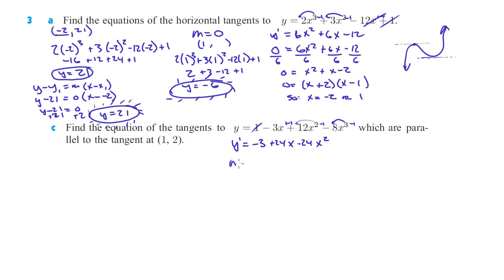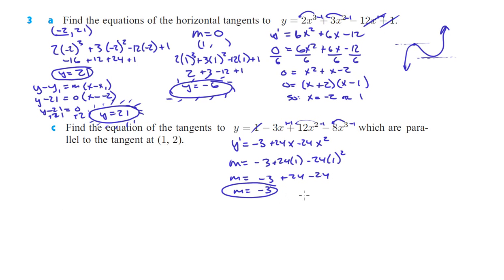So our slope is going to be the same as this one here. So -3 plus 24 times 1 minus 24 times 1 squared. So we get negative 3 plus 24, and that's minus 24.